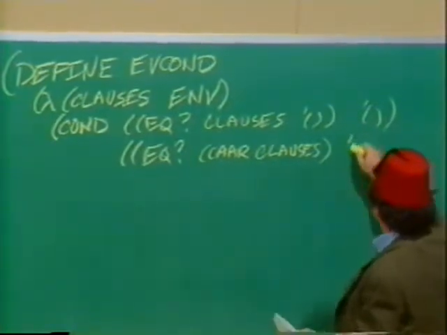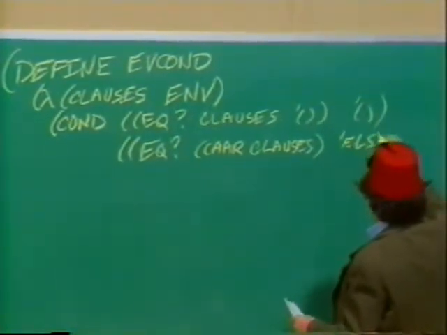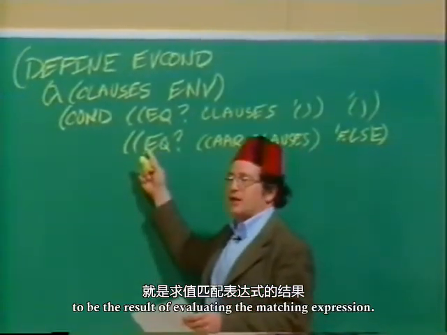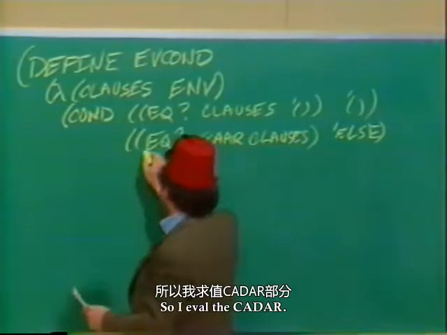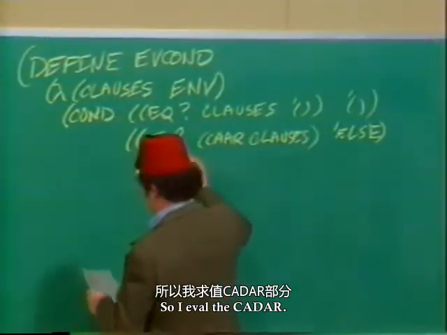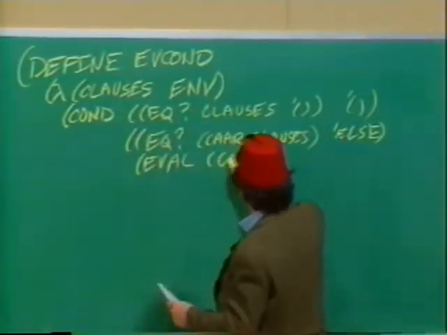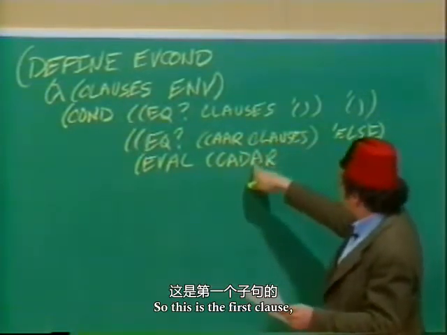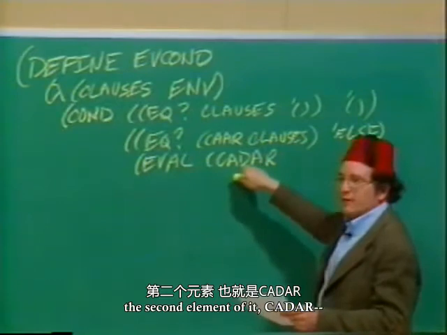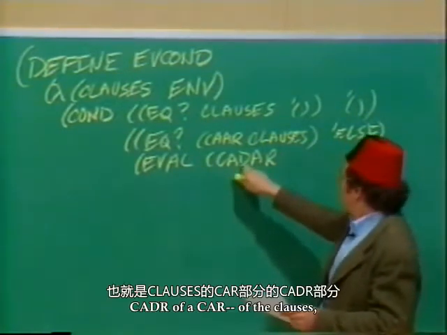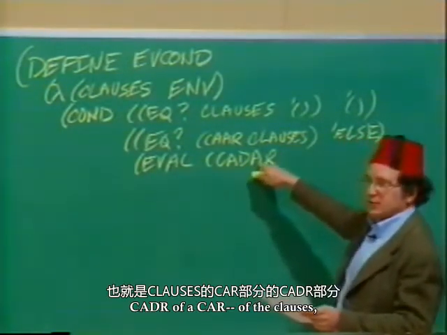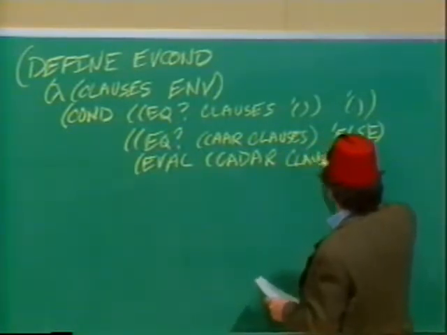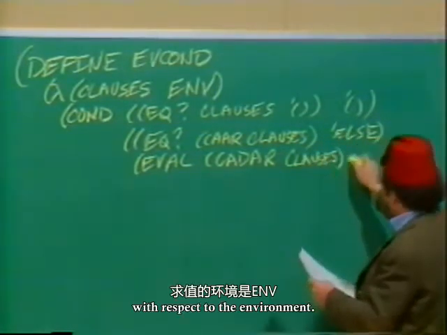If it's an else, then it means I want my result of the conditional to be the result of evaluating the matching expression. So I eval the cadar. So this is the first clause, the second element of it, cadar of the clauses, with respect to the environment.